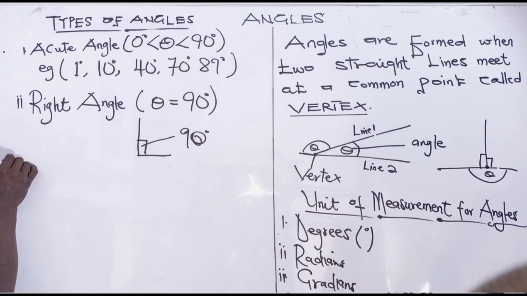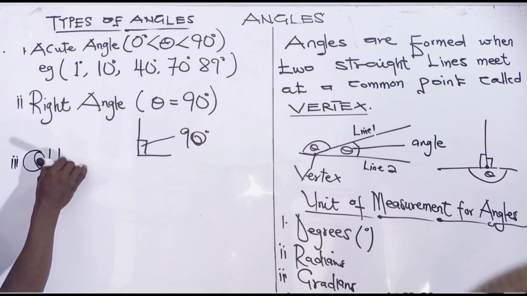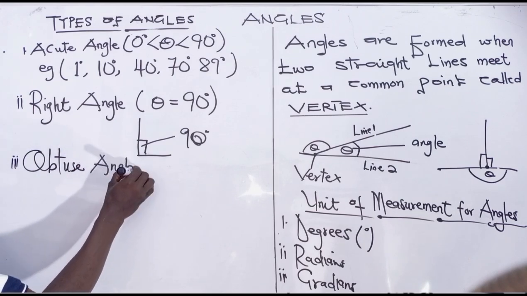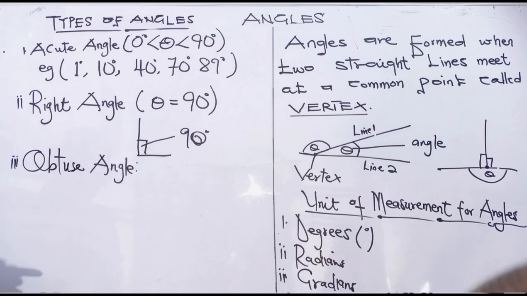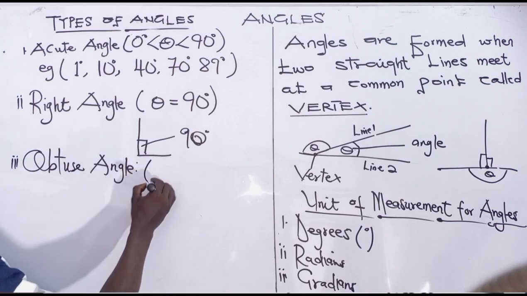Now let's look at the next type of angle, which is the obtuse angle. An obtuse angle is an angle whose measure is between 90 degrees and 180 degrees.